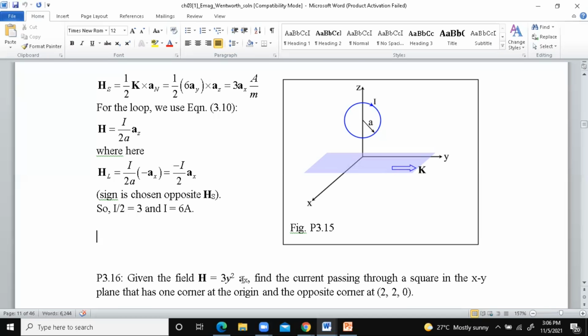In H, this A, given the equation H equals I over 2A times the unit vector. Uh-huh. Here, yes, sir. So I was asking, the A in the denominator is the radius, right?